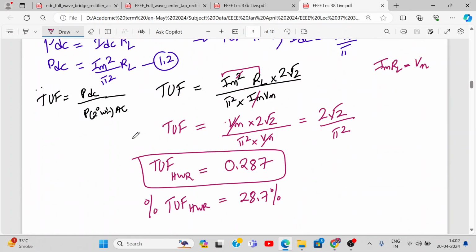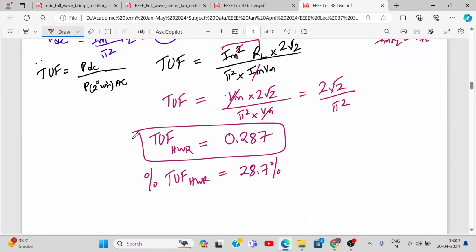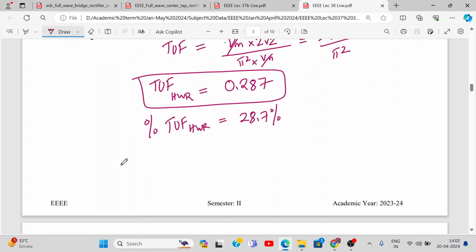So what does that 28.7% mean? Any idea? TUF is transformer utilization factor. So how much this transformer is actually getting utilized is very less, 28.7%.